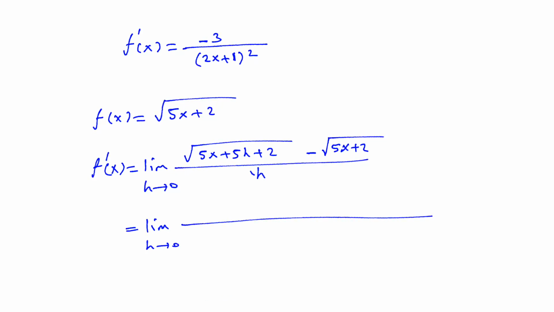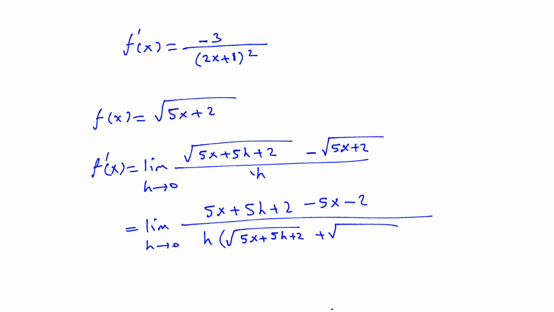We multiply it by the conjugate of the numerator. Difference of squares would be the result of multiplying the numerator by its conjugate. (5x+5h+2 - 5x - 2)/h times the conjugate of the numerator. Don't forget, we multiply both numerator and the denominator by the conjugate of the numerator.